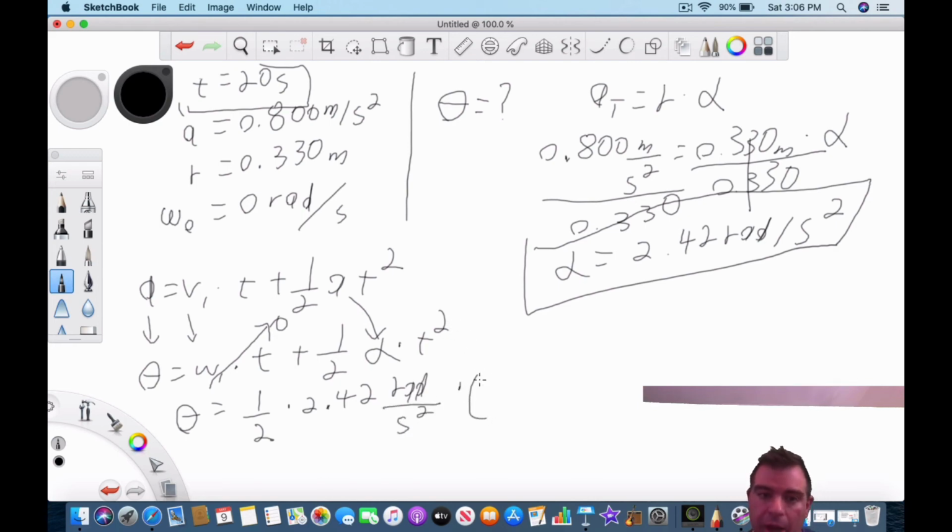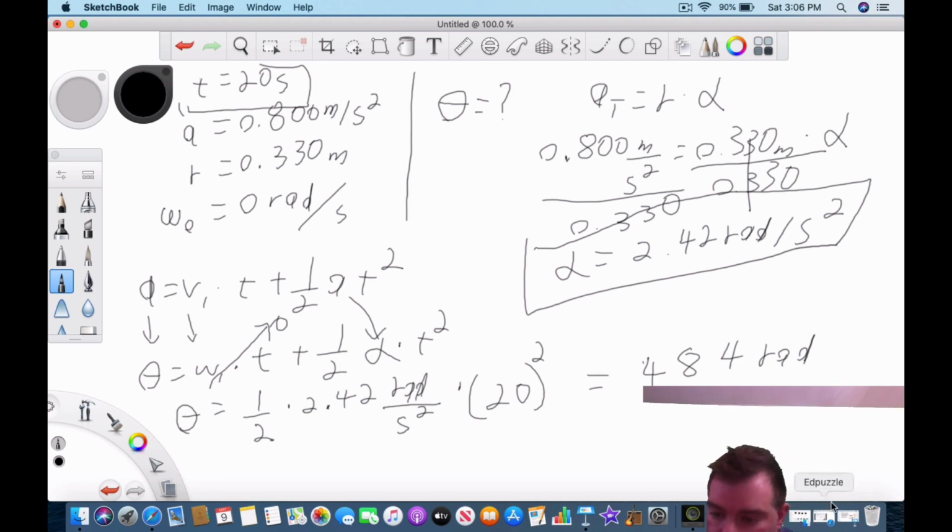The time is 20 seconds, but don't forget, we got to square the time. So it's going to be 20 seconds squared. So if we plug this into our calculator, we first square this, multiply it by 2.42, and then divide it by 2, we clearly see that we're going to come up to 484 rad. Okay, so if you plug this in your calculator, this is what it's going to come out.